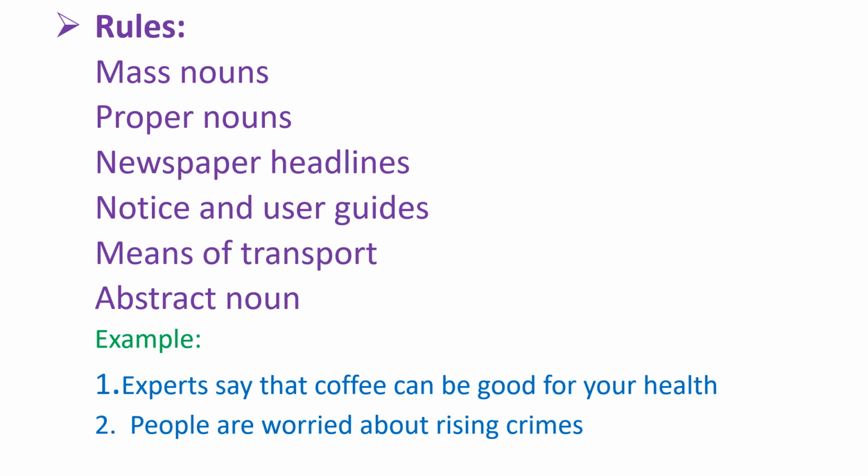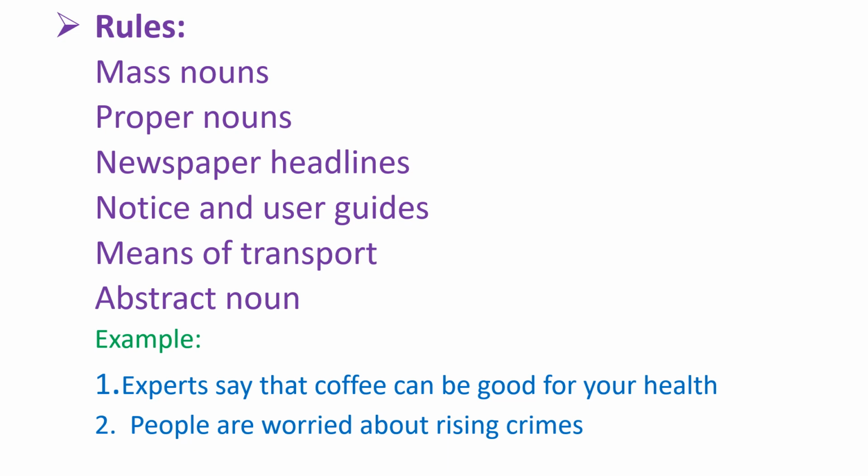User guides help you figure out how to use a particular device or service. They may include some warnings as well, which are called notices. So when you are dealing with notices or user guides, there is no need to use articles.